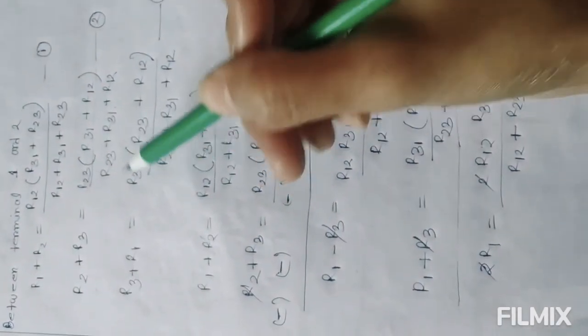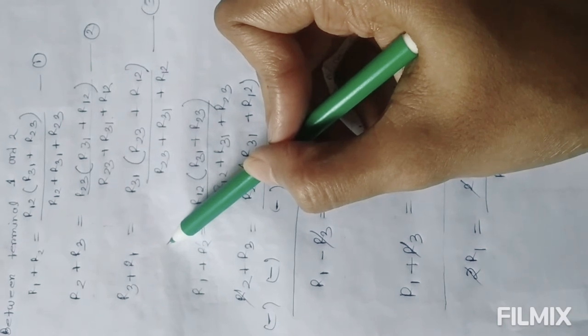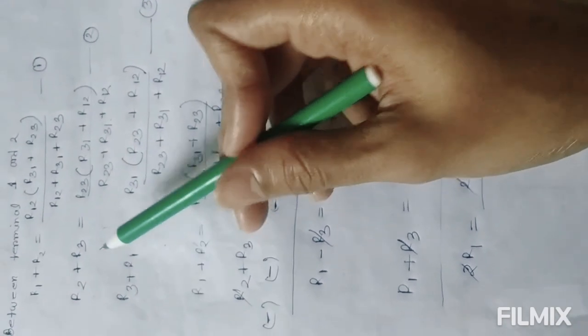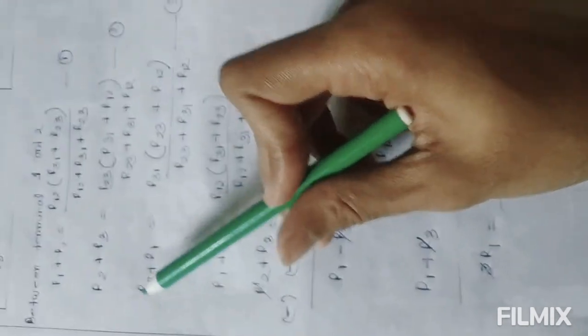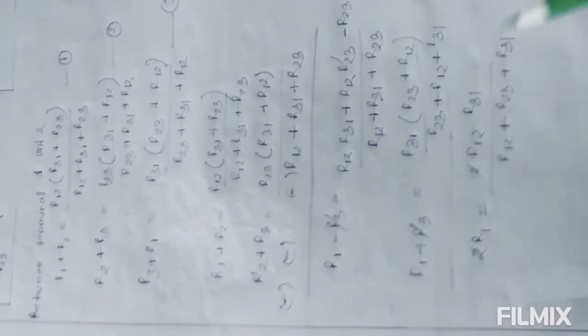So we get this equation, and similarly when we add this and this, then we get R2. Then when we do this with this equation, we get R3.